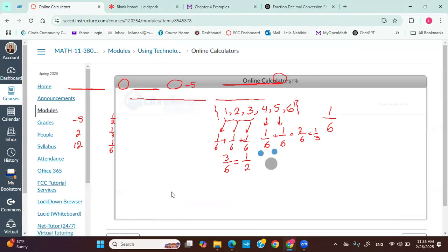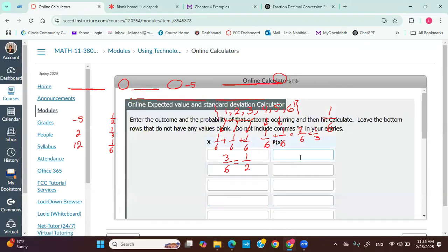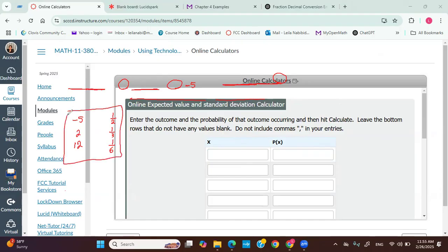If we open this one, it asks us to type all the numbers for x and p of x in the table. So then let me just erase these parts. Okay, the table is over here, so you can just type the numbers.